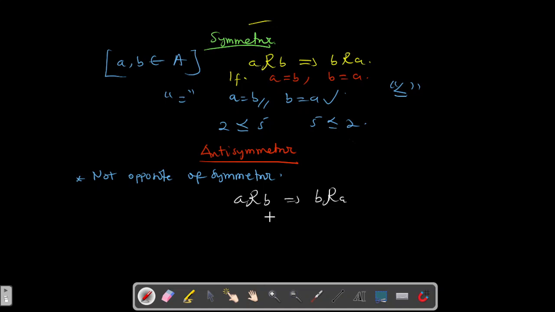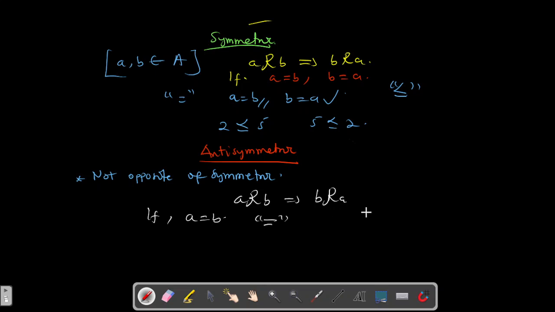Antisymmetric is a special property talking about the fact that if I have two elements which are being connected by a relation, the two elements can be swapped only if A is equal to B. That gives a defined restriction that I can swap it only when they are equal. Meaning that yes, equal to is a typical example. Equal to is a typical antisymmetric relation.